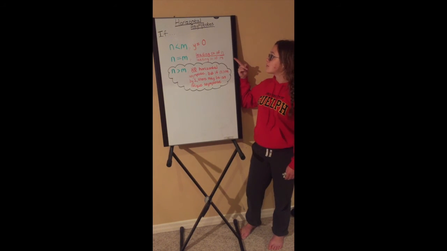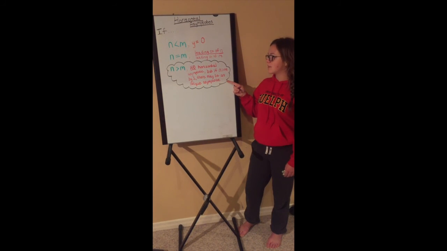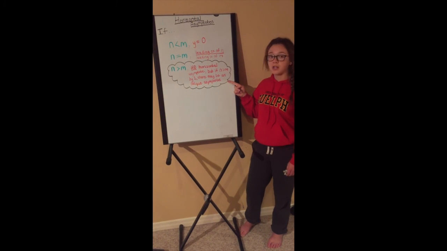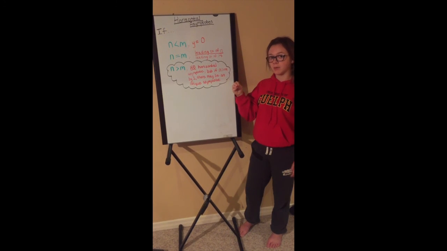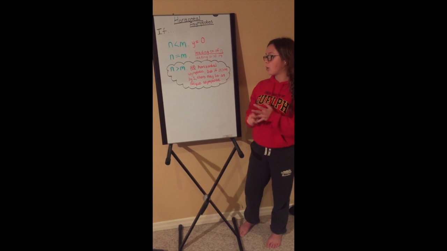Then your horizontal asymptote will be the answer. But what we're interested in is when n is greater than m. When n is greater than m, there is no horizontal asymptote. But if n is greater than m by 1, there may be an oblique asymptote. Another way of thinking of this is that if you have a large number over top of a small number, there will be no trend and they will never approach 0. So, in this case, you can have a horizontal asymptote or an oblique asymptote, but not both.